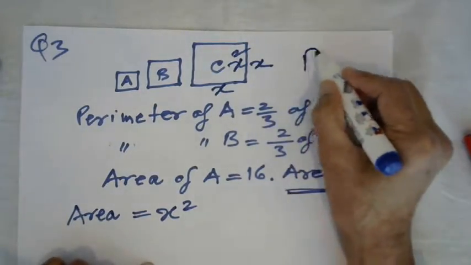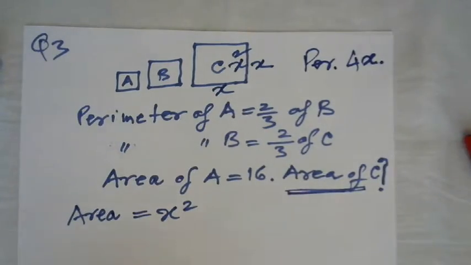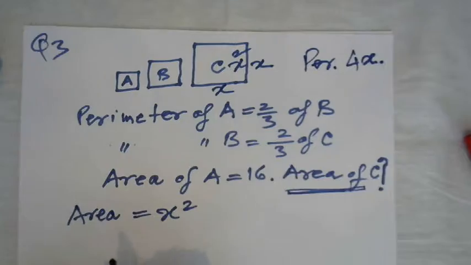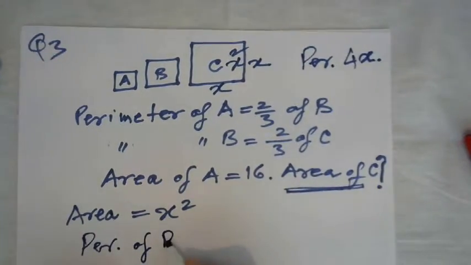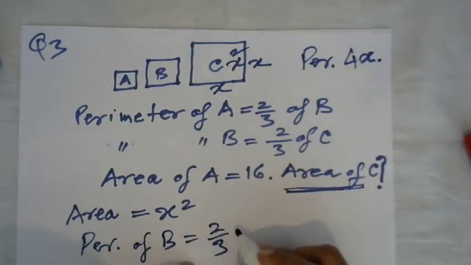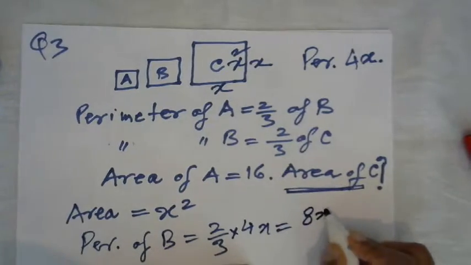So the perimeter is 4x. Now the perimeter of B is 2/3 of C. So the perimeter of B would be 2 by 3 of the perimeter of C, which is 4x. So this is 2 by 3 times 4x, which is equal to 8x by 3.